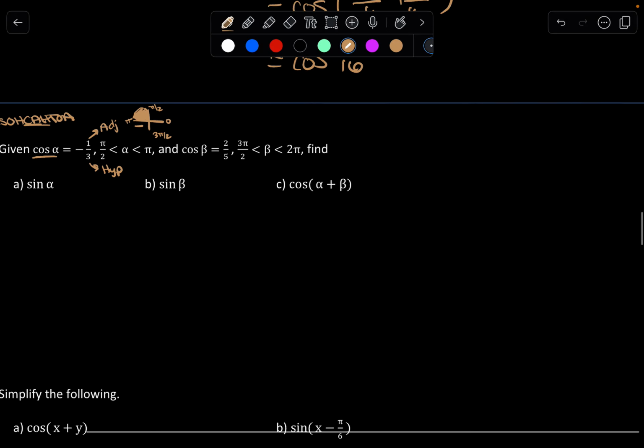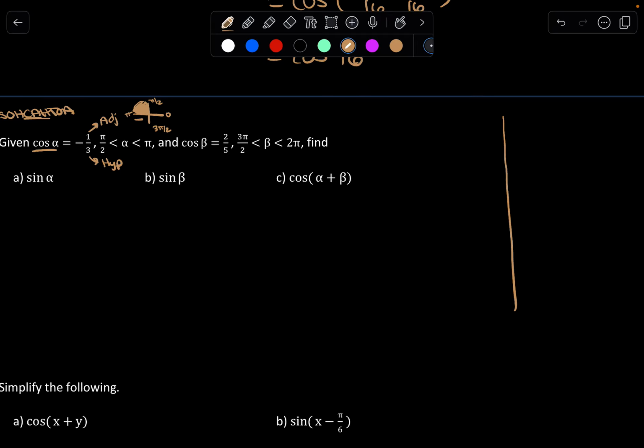So over here to the side, what I want to do is I'm going to draw a sketch. And SOHCAHTOA, that's for right triangles. So I'm going to draw a right triangle in quadrant 2. And this is for angle alpha. Now my adjacent side is 1, and then my hypotenuse is 3.